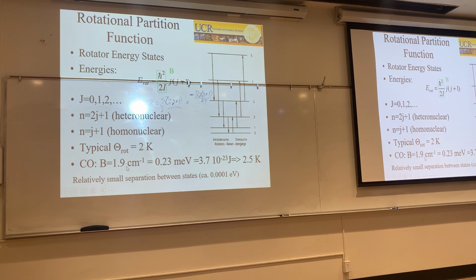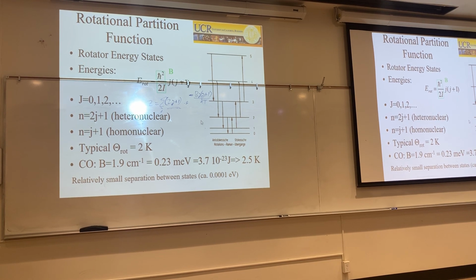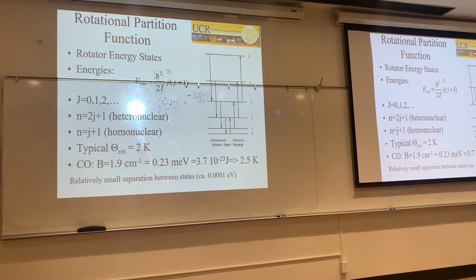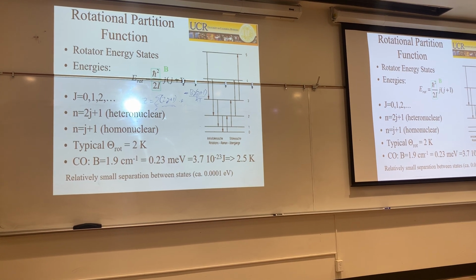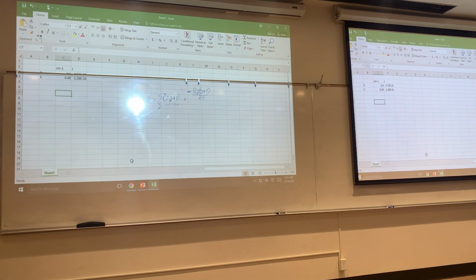And so this would correspond to 0.23 millielectron volt, or 3.7 times 10 to the minus 23 joule. If you think about spectroscopy, inverse centimeter is called wave number, and it is a unit of energy. Okay.